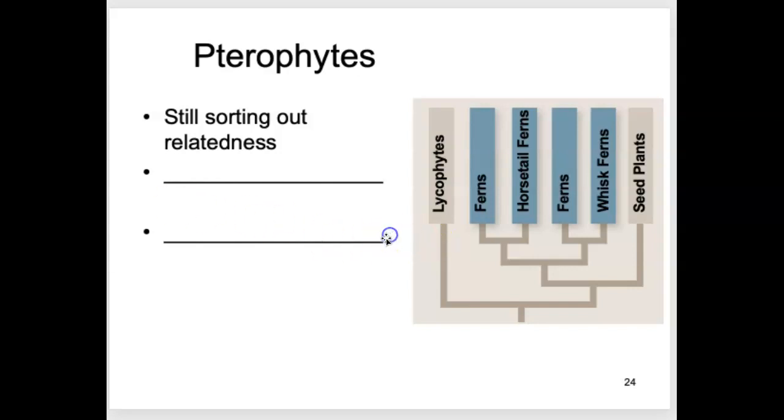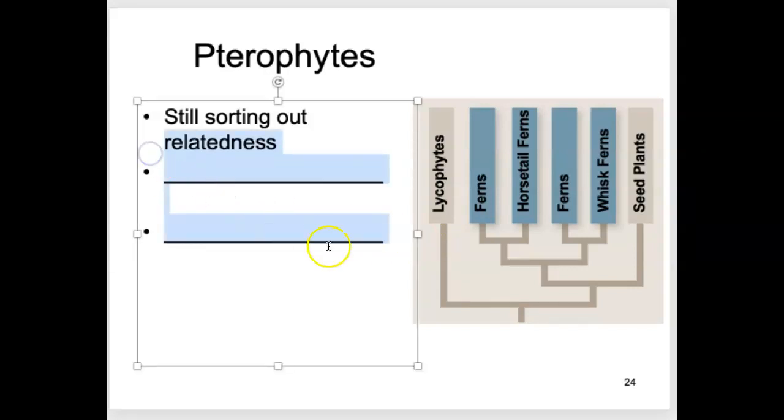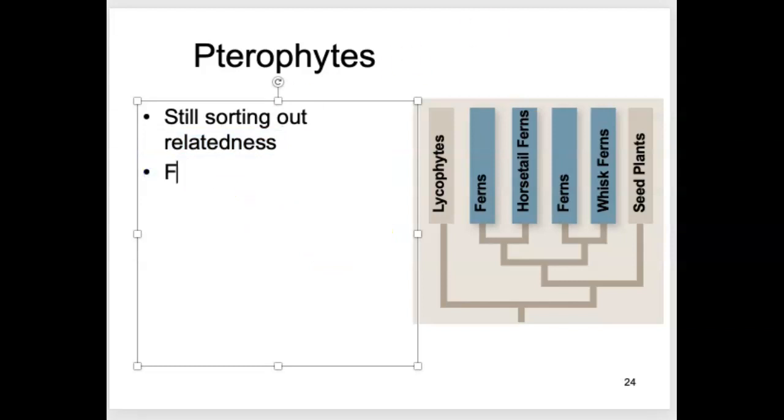Some of the key things, though, that we see across the pterophytes is that they will form antheridia and archegonia.